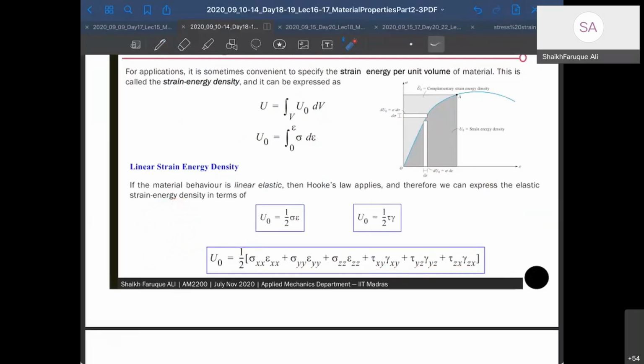Remember that these are engineering strains. That's how you calculate strain energy density in a 3-dimensional body. Now you integrate this over the volume V, and you get the total strain energy stored in the body.